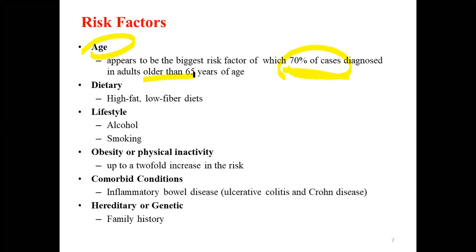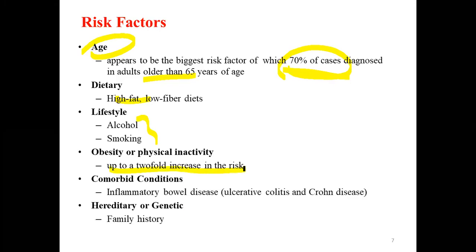Then you can see there is a correlation between high fat and low fiber diets. So that is one dietary factor. There is also a correlation between alcohol and smoking and colorectal cancer. So maybe in the future you have to assess those things. Then obesity or physical inactivity increases the risk too.